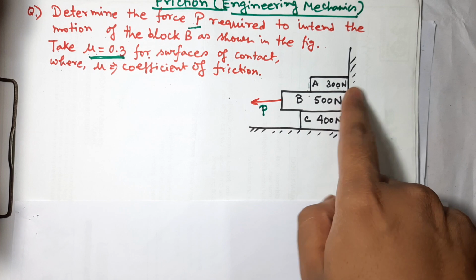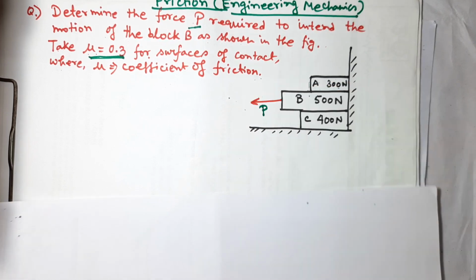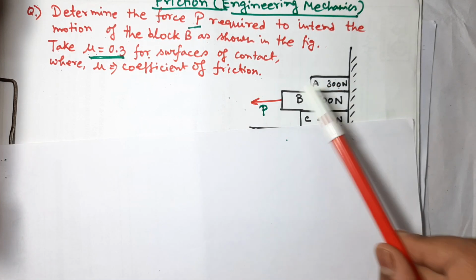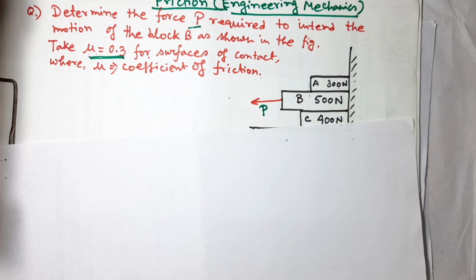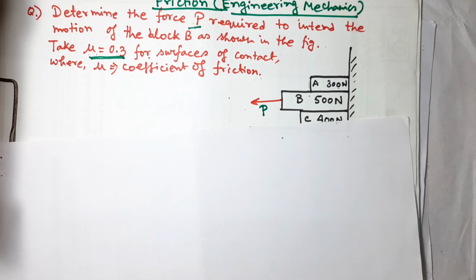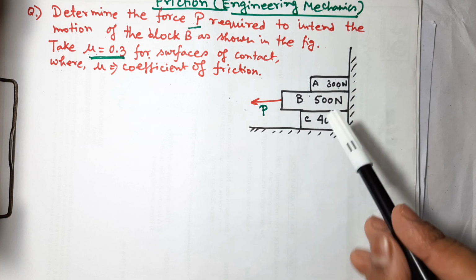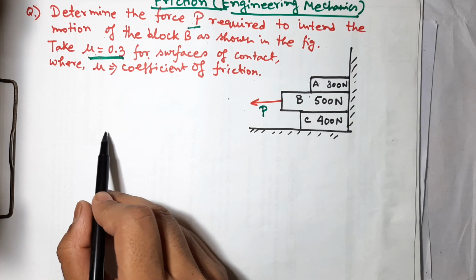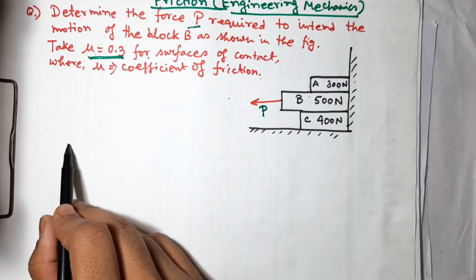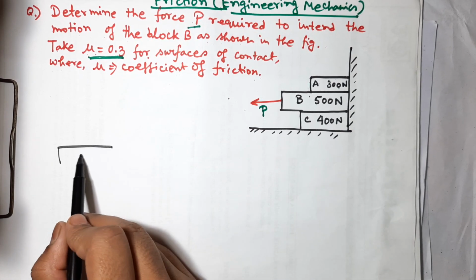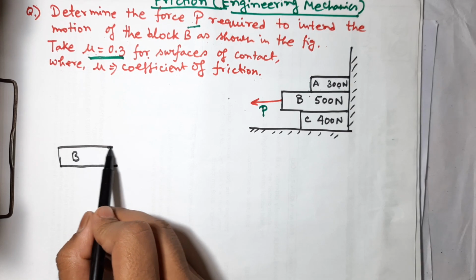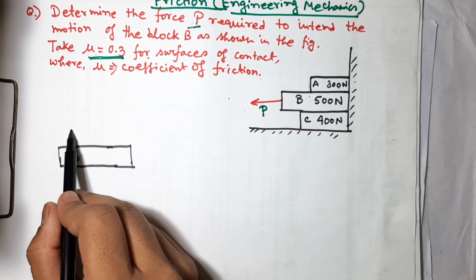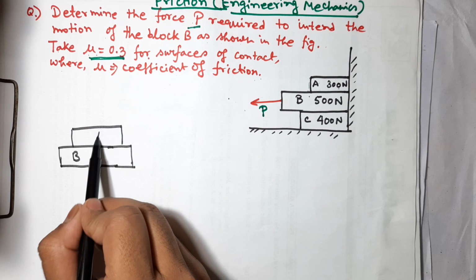Now I am coming to the question. This is the B block, and on this B block the force P is acting. A block is above the B block, right? So if I consider the free body diagram of the A block, this is the B block, and above it is the A block, right?